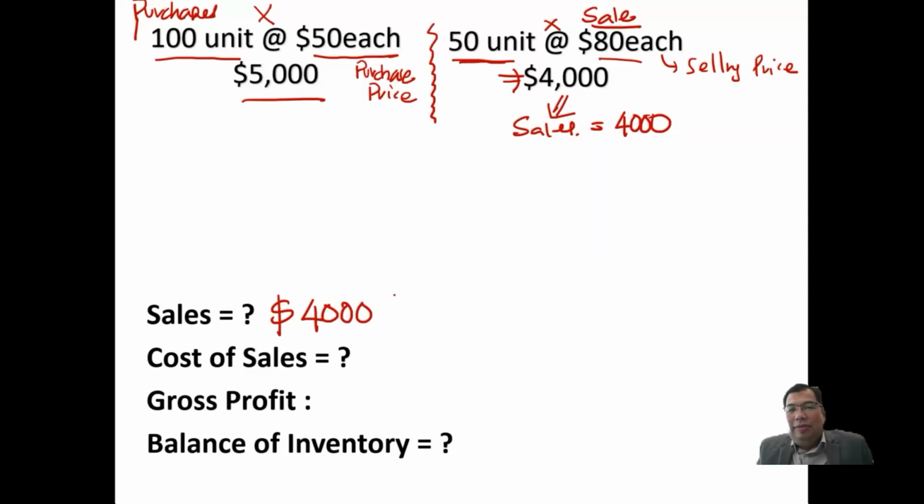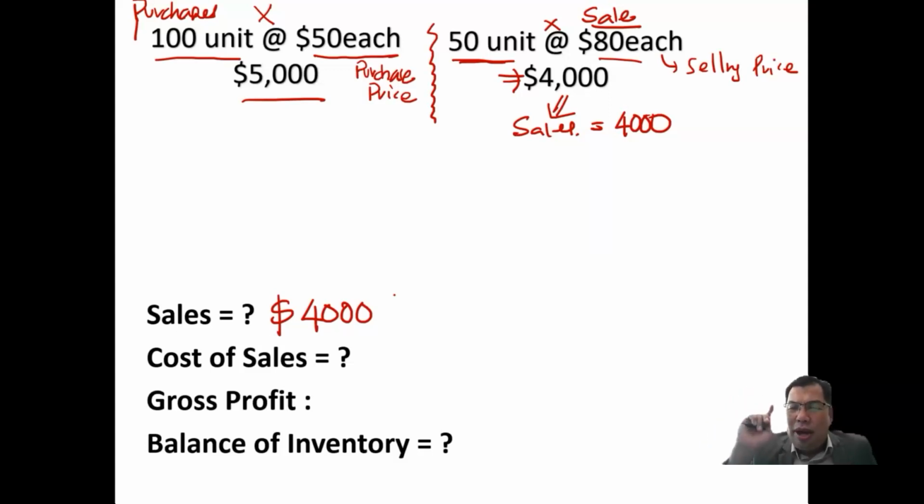Okay, are you okay with this? One calculator, 50 units. So I sold 50 units to my students. All students must buy a calculator from me. I make it compulsory, yeah? Okay, so 50 times 80, so the sale is 4,000.